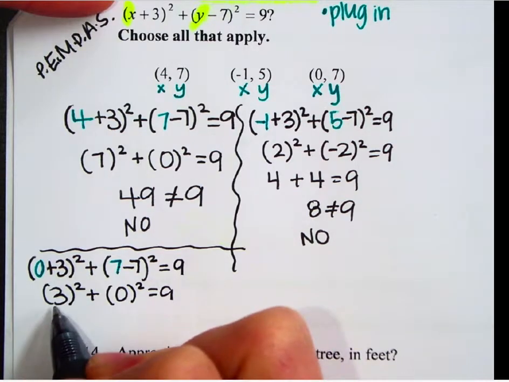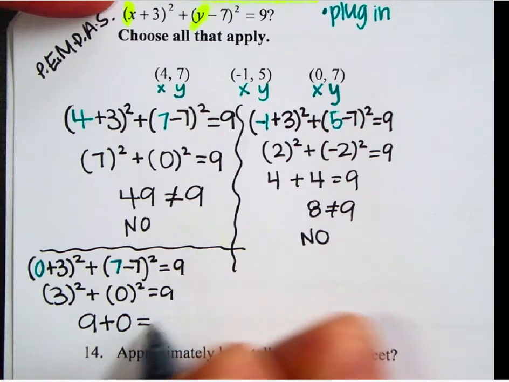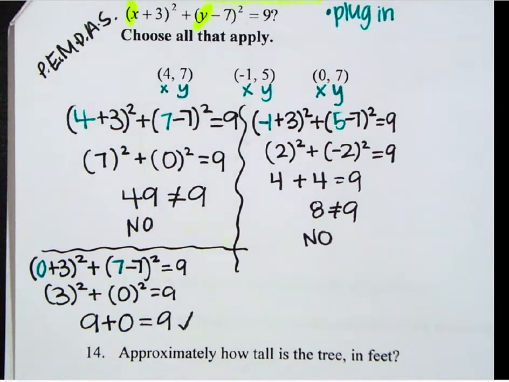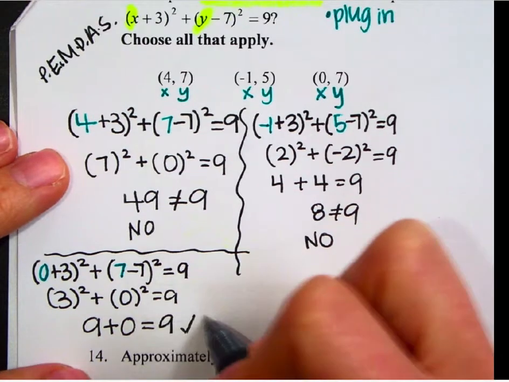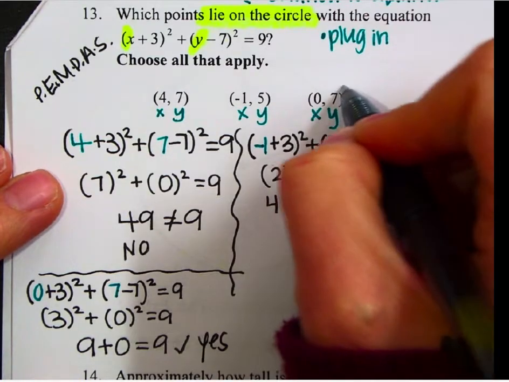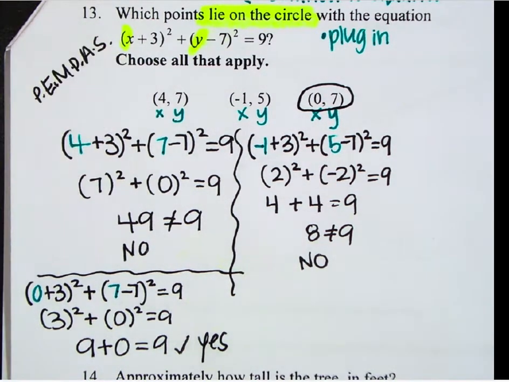And we end up with 3 squared is 9. 0 squared is 0. This is true. 9 plus 0 does equal 9, or 9 is equal to 9. So this one is the only one that works. So probably shouldn't have said choose all that apply, but that's okay. We have our one answer.